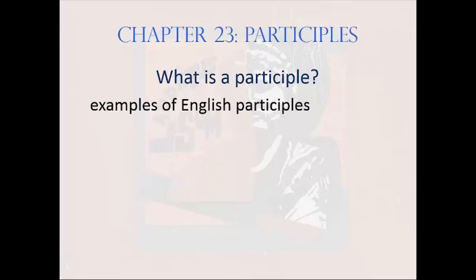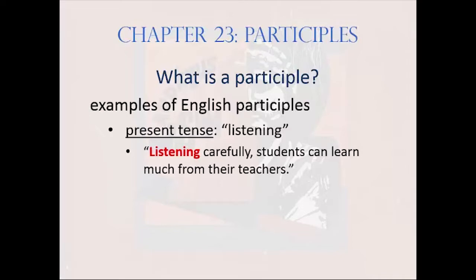Before embarking on the formation and use of Latin participles, let's look at a few examples of participles in English, beginning with present tense participles. For example, listening, as in, listening carefully, students can learn much from their teachers. Here, the first part of the participle, listen, comes from a verb. In its present tense form, the students are listening and learning at the same time, now.